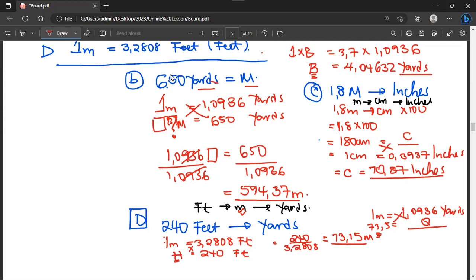These two numbers are adjacent to each other, so we're going to multiply. We have the answer as 80 yards.